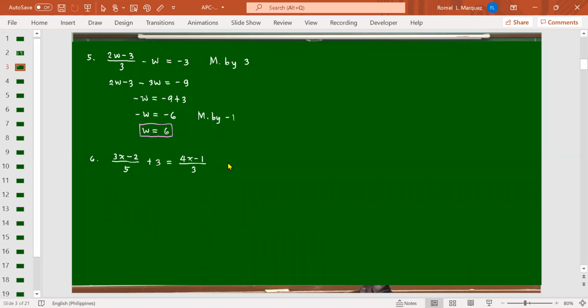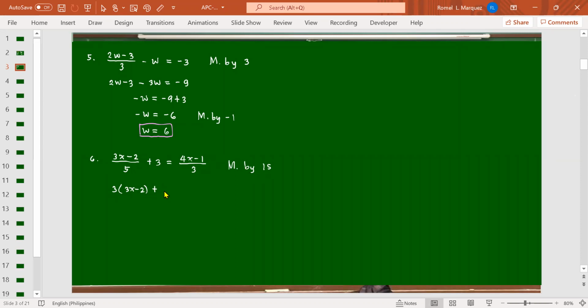So in order to get rid of these denominators, we have to multiply by 15. Okay? So multiplying by 15 each side of this equation, for the first term, we have 15 divided by 5, that is 3, multiplied by 3x minus 2.